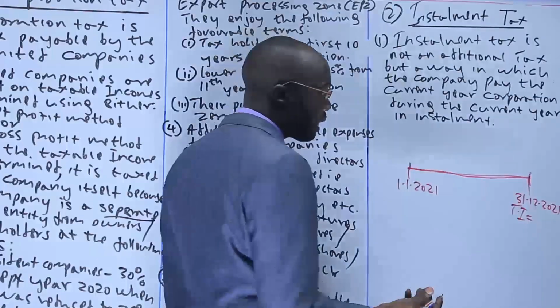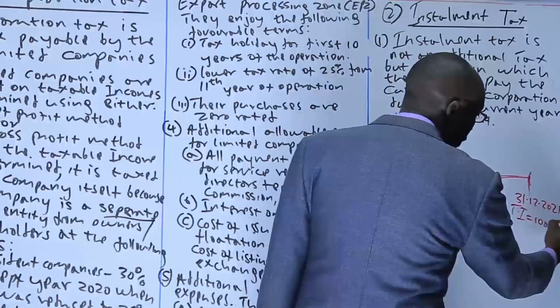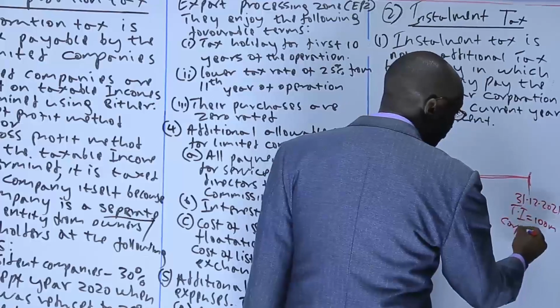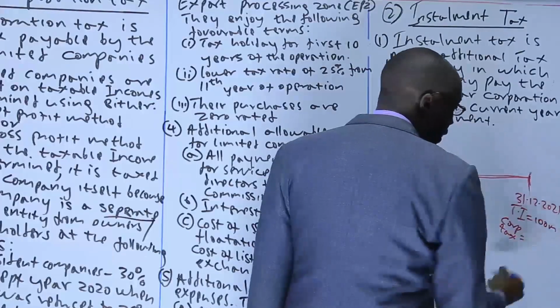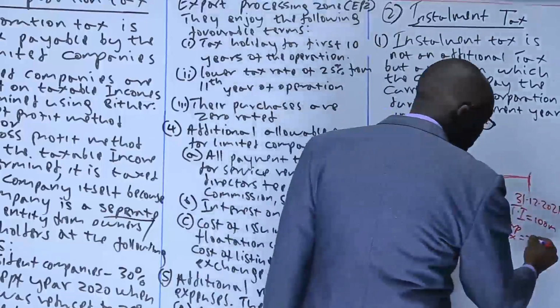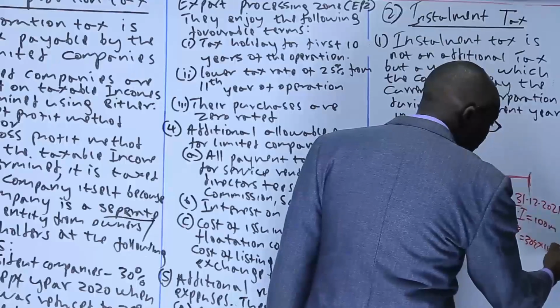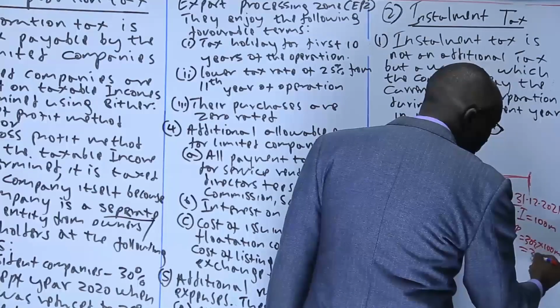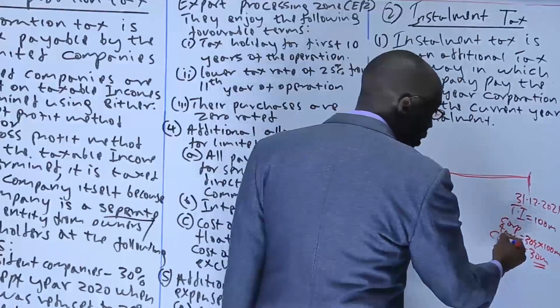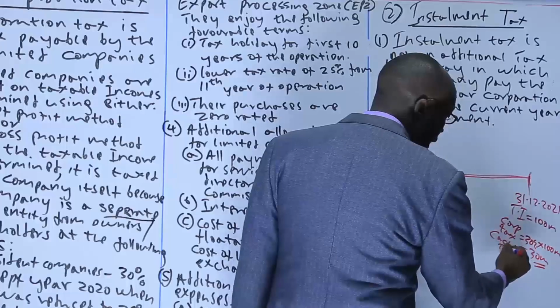If you find that the taxable income is like 100 million, the company will be required to determine the corporation tax. And we have seen, for example, if it is a resident company, then the corporation tax will be 30% of the taxable income. That means that the company is supposed to pay 30 million. That is the corporation tax, which is now the actual tax.